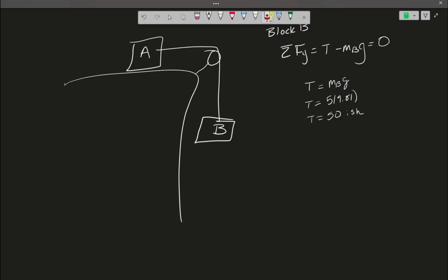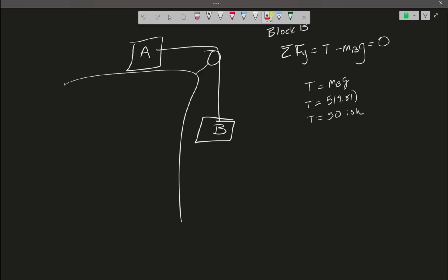So, the problem is that if I assume that block B is not moving, I also have to assume that block A is not moving. But I don't have a value for static friction.